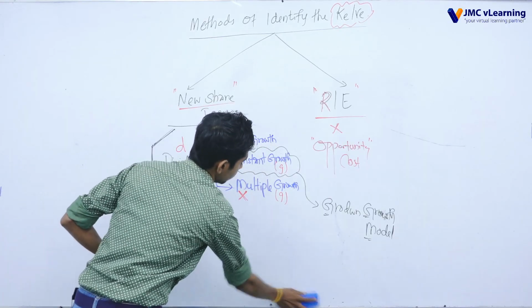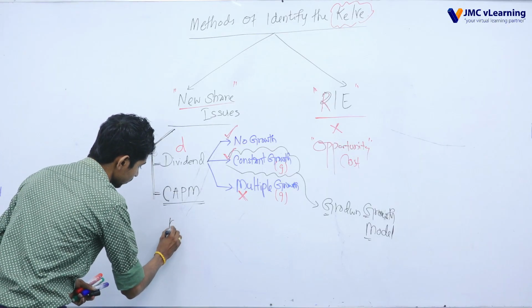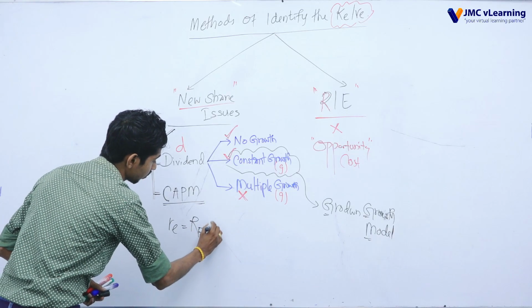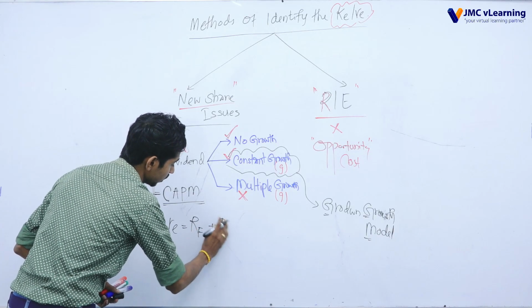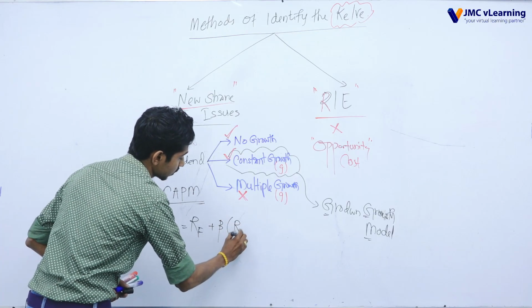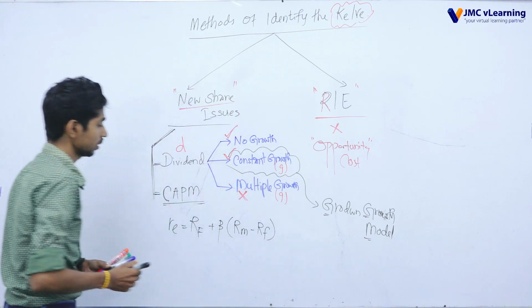Very easy by using the formula. The CAPM method: R, the return on equity, equals the risk-free rate plus the beta factor, open bracket, risk of market minus risk-free rate, that is the difference.